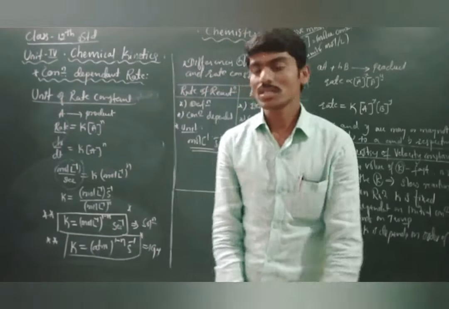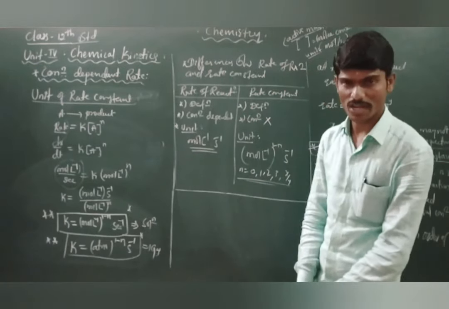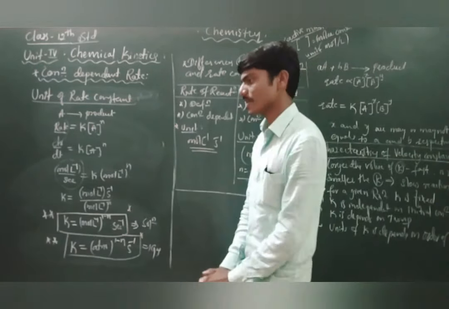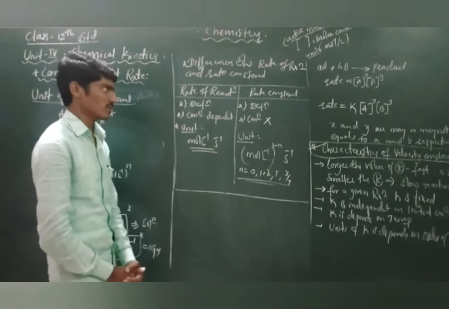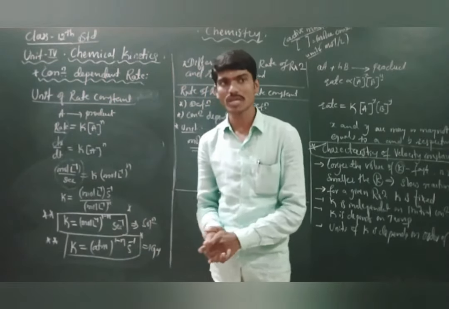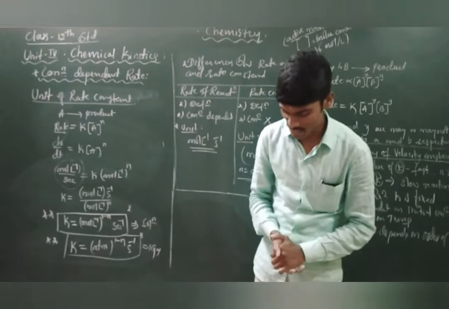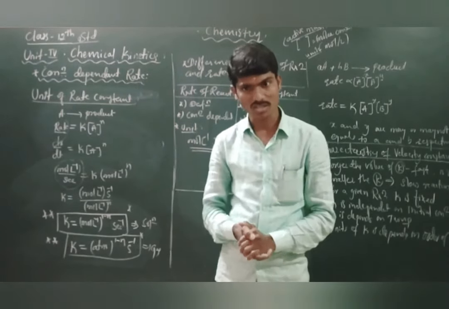Okay, dear students, in this class we have discussed about a simple concept, concentration dependent rate of reaction, where we have studied the law of mass action. According to Maximilian Goldberg and Peter Wage, they given the quantitative relationship between the rate of a reaction with the concentration terms, and according to that, the law of mass action states that rate is directly proportional to the concentration of reactants.